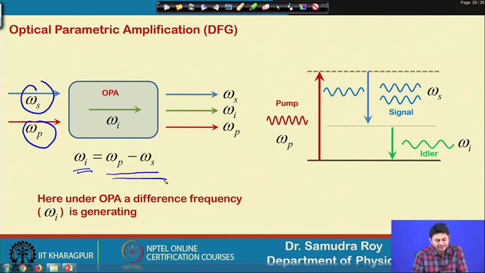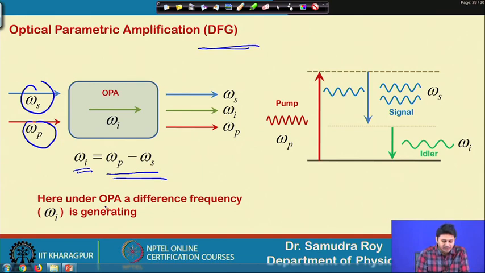Since it is the difference between omega p and omega s, this is nothing but difference frequency generation. But how is the field associated with the difference frequency going to amplify, and how will the original signal that was there in the input amplify? We are going to study these things in this particular lecture.